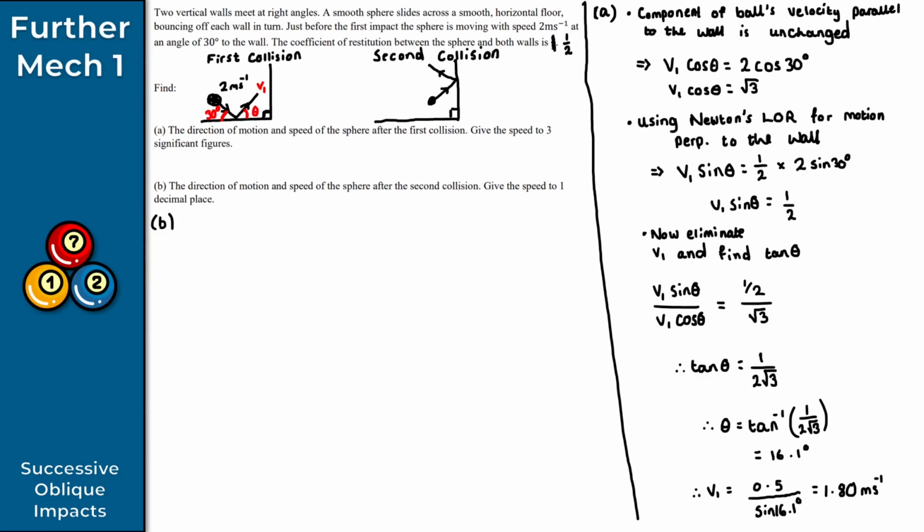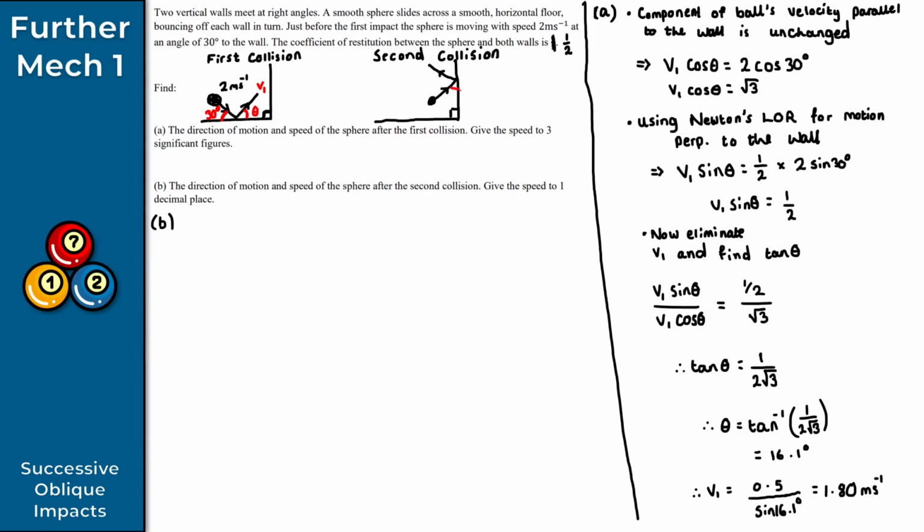And what do we know here then? Well, I know this angle here. This angle is going to be 90 degrees minus this angle. So just be very, very careful: this angle is not 16.1 degrees, it's 90 minus this. I'll do that in a different color to make it clearer.